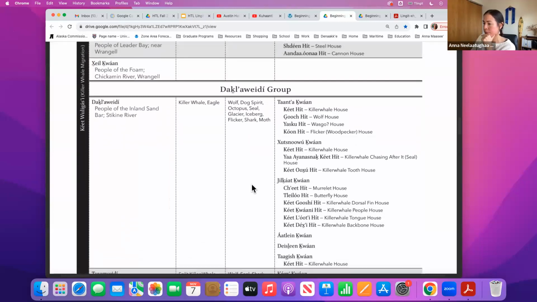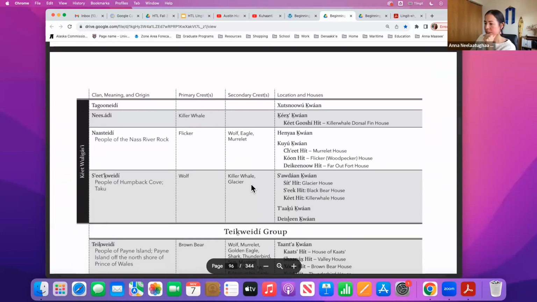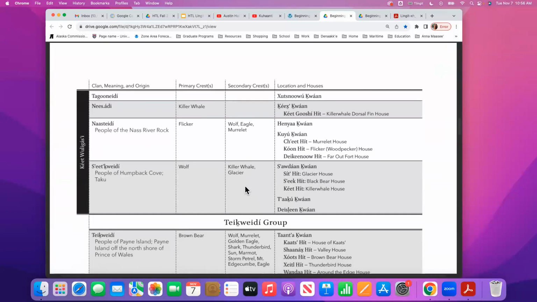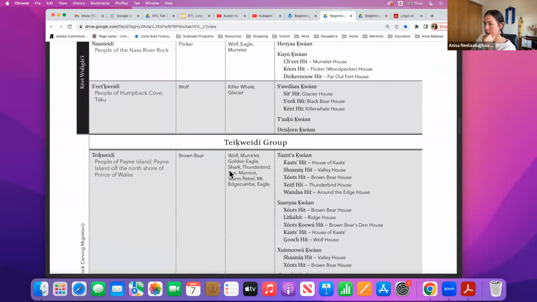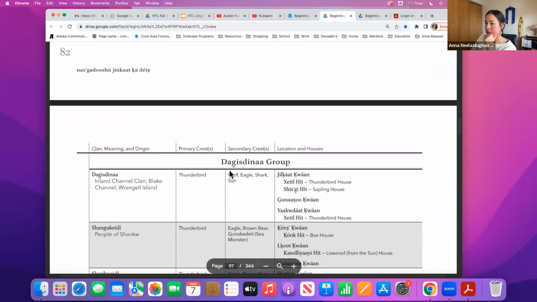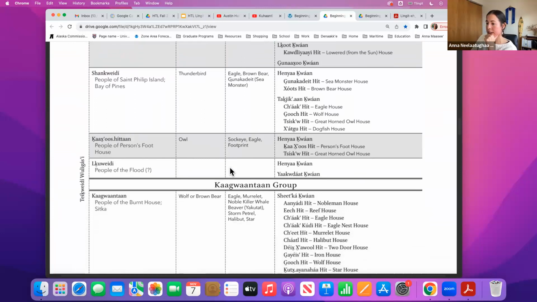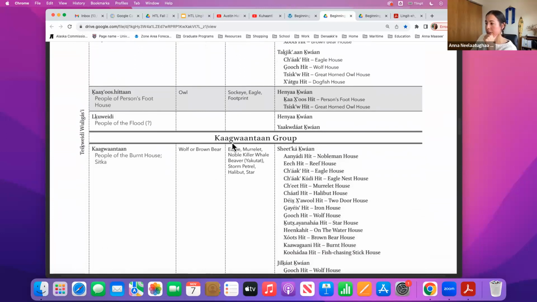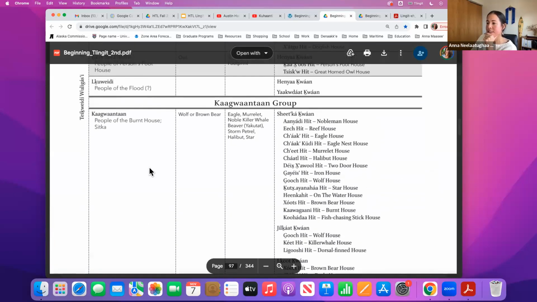Are there any groups or clans people want to look at specifically so far? Kaagwaantaan. Okay, so we're going to scroll down. We have the Teikweidí group, and under the Kaagwaantaan group, it's on page 83.